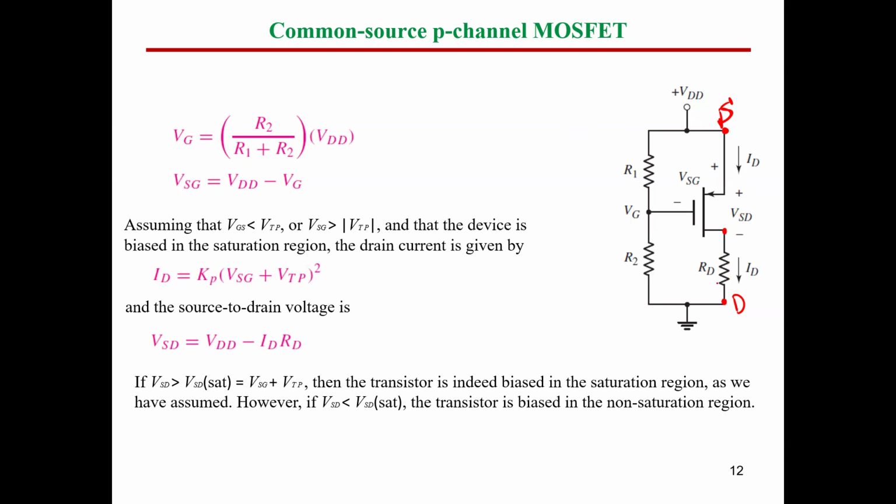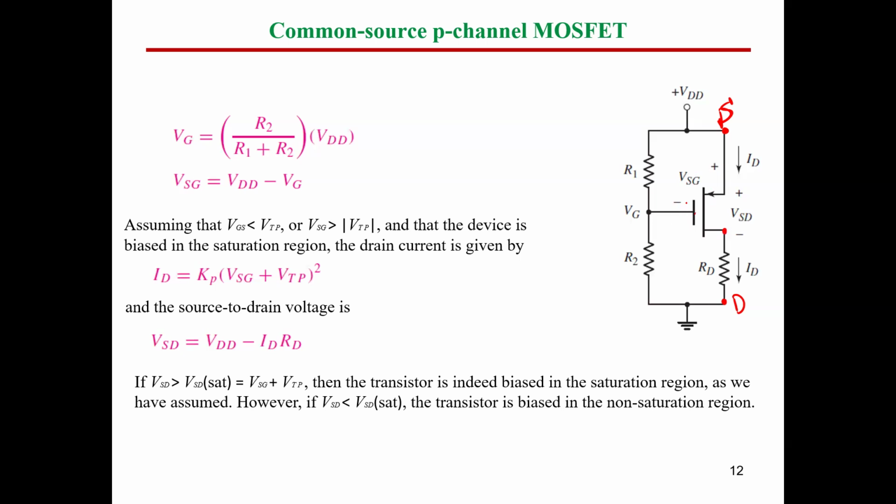Now, what we need to do is firstly calculate the three steps. So follow the three steps of the DC analysis. The first step was calculating VGS. As you can see here, guys, VGS is the voltage between gate and source, but here it's going to be VSG as we mentioned.